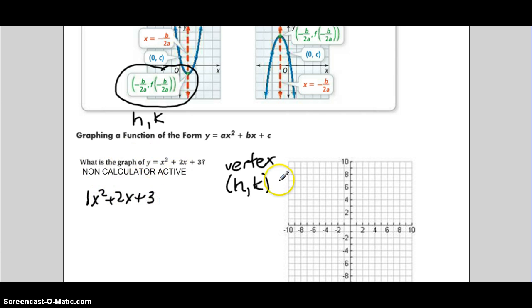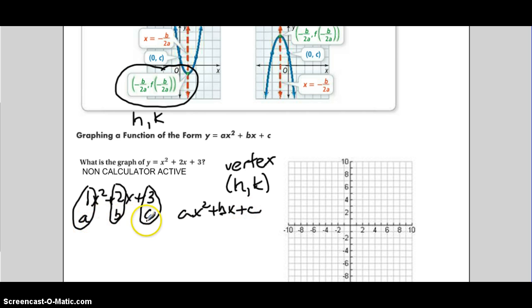They want us to graph this. First, we need to find the vertex. Remember, our values are a, b, and c that they gave us. That is from the standard form of a quadratic. We just found our a, b, and c values.